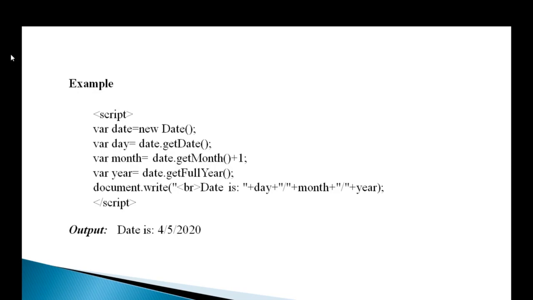In this example, it will return the date with month and year. I am using getFullYear, that's why it is displaying a 4-digit value for the year, the month with 2 digits and the date with 2 digits.